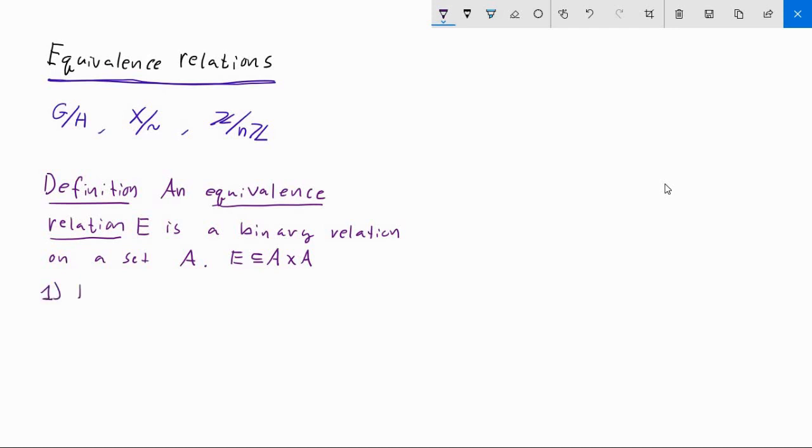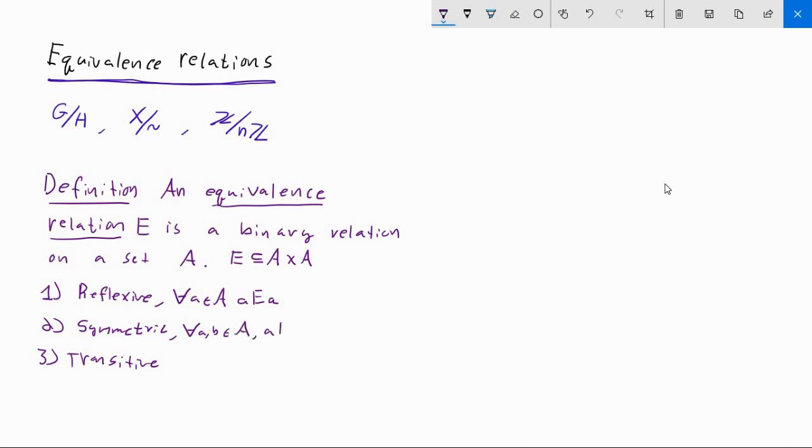The first condition is that it is reflexive. The second is that it is symmetric. And the third is that we require it to be transitive. So what all of these mean: reflexive says that for all elements little a in our big set A, we have that a is related to itself under E. Symmetric says that for any two elements belonging to A, if a is related to b, then b in turn must be related to a.